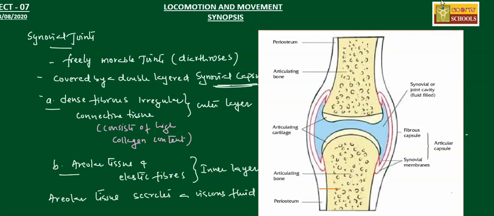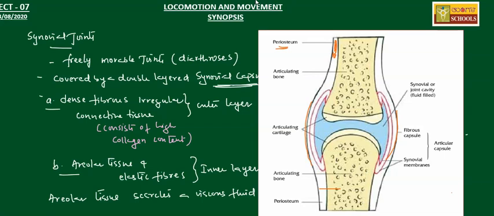Here, the layer that covers the bone is called periosteum, and this is the synovial capsule, which will have the synovial membranes, the outer and inner.